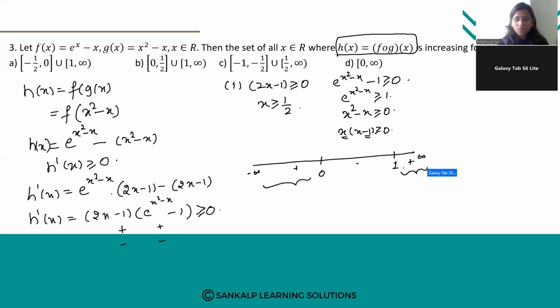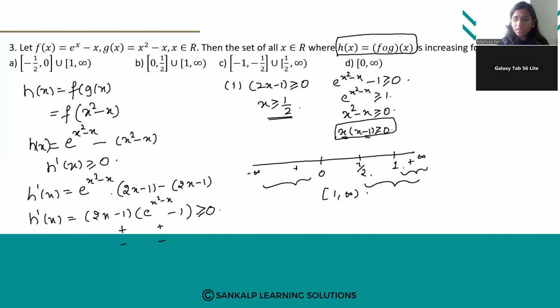Also we have to combine this with x greater than or equal to 1 by 2. Clearly, the intersection of x greater than or equal to 1 by 2 and x into x minus 1 greater than or equal to 0 is 1 to infinity. This is the solution from the first case.